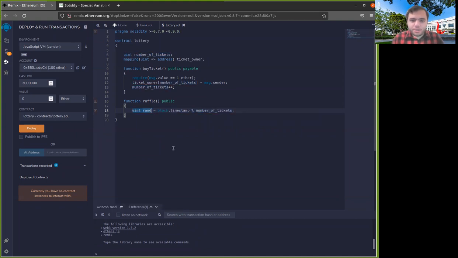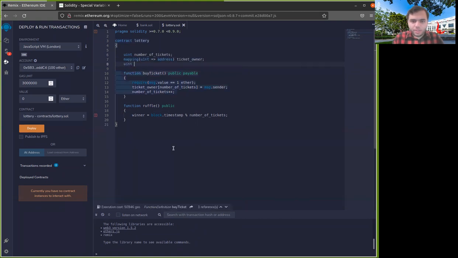And at this point, this is not just a random number. This would be the winner of the whole contract, right? The whole lottery. So I will just have a winner. So whenever someone calls ruffle, I will just set the winner like this.